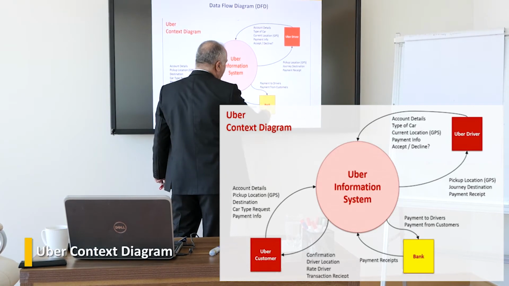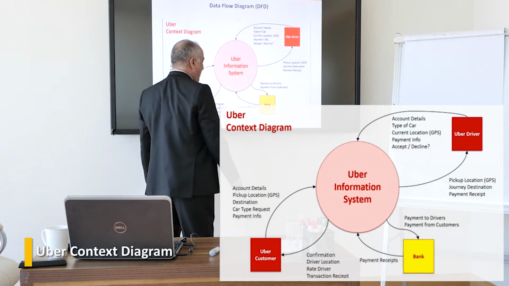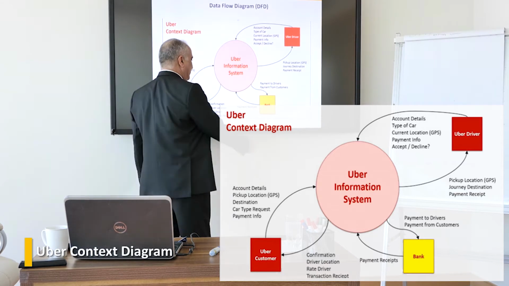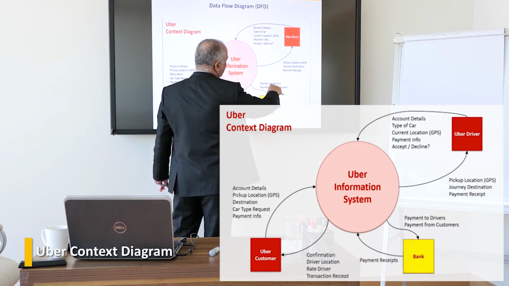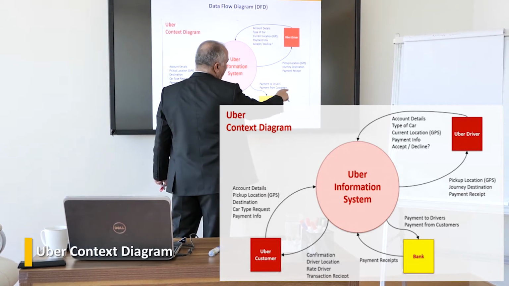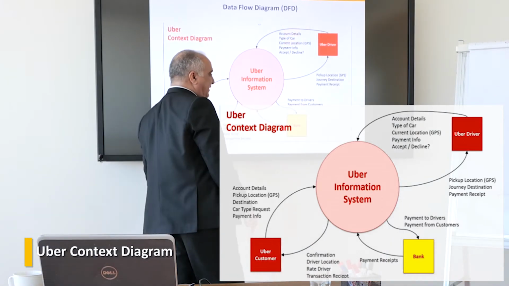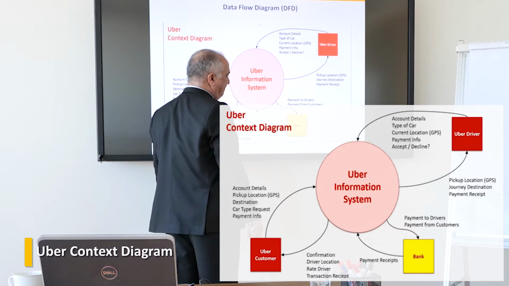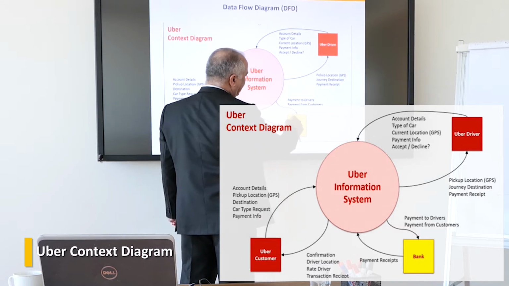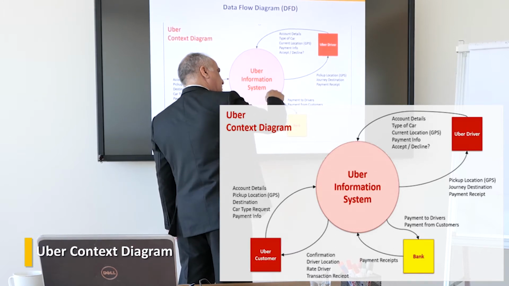Now that means we have an external entity, and this external entity is a bank. In this case, the bank handles payment to drivers or payment from a customer. So the bank entity is the third entity, and it is an external entity to the Uber information system.